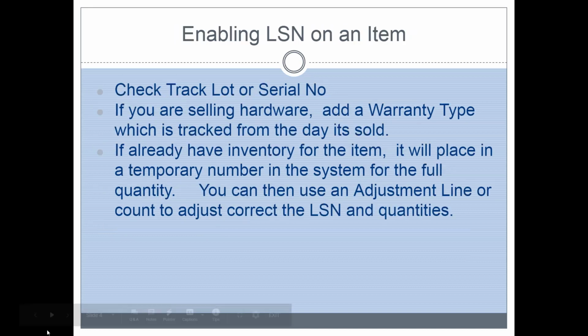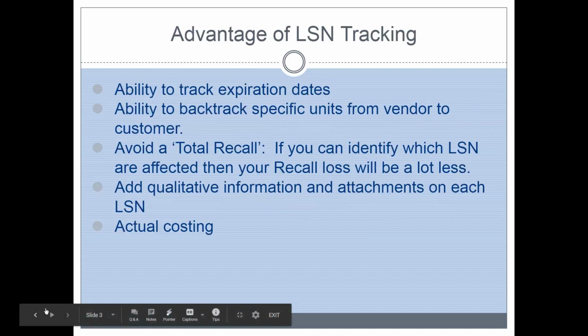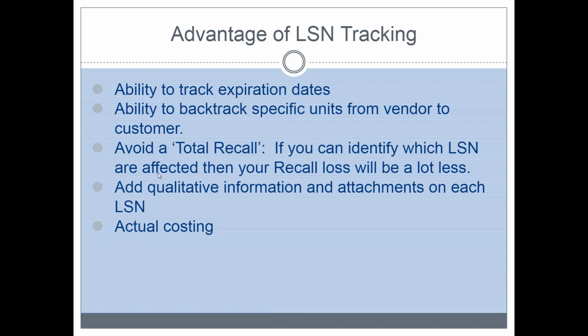You can also add a lot of information on each lot or serial number to give it context. It's not just a number. It can have an expiration date and a description. It can have up to 30 custom fields, and you can even add attachments like certificates of compliance.